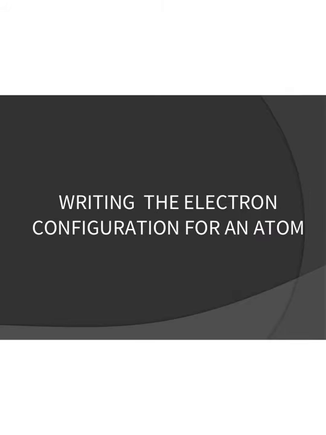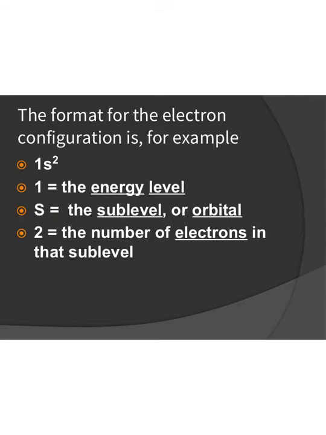Now, writing the electron configuration for an atom is quite simple. The format for the electron configuration is, for example, if I write it as 1s2, the 1 stands for the energy level, so the number on the left side of the periodic table.